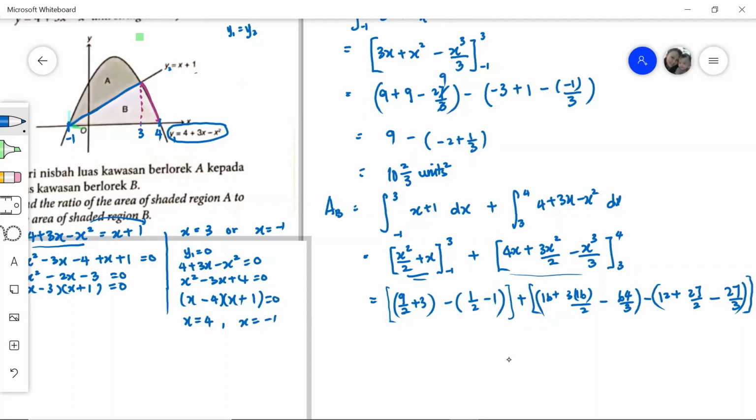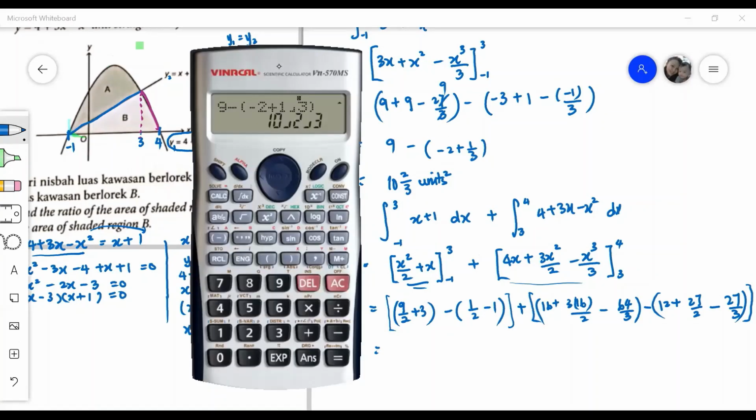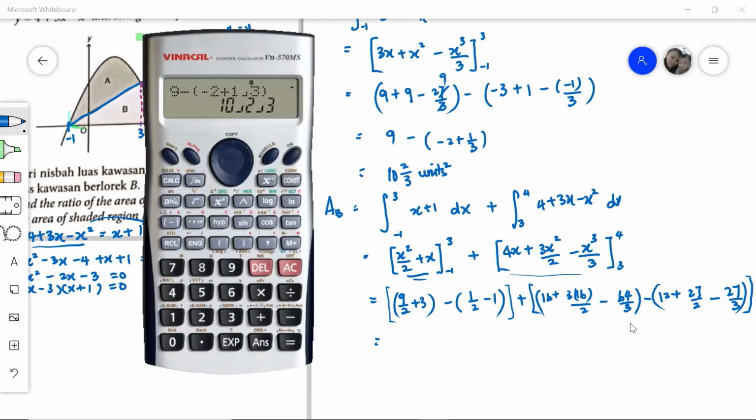Let's call on the help of the calculator, less problematic to deal with so many fractions. Over here, I shall do it like this: 9 over 2 plus 3, then minus half, which is 0.5, minus 1. So for the first part we got 8.